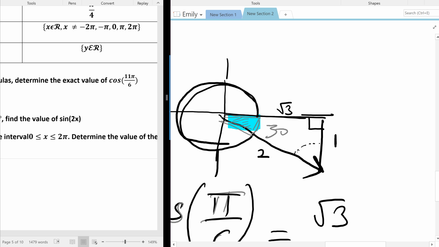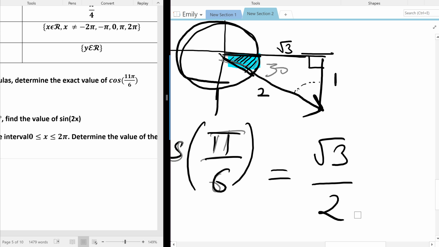Cosine of this angle equals adjacent divided by hypotenuse, so adjacent is square root of 3 and hypotenuse is 2.